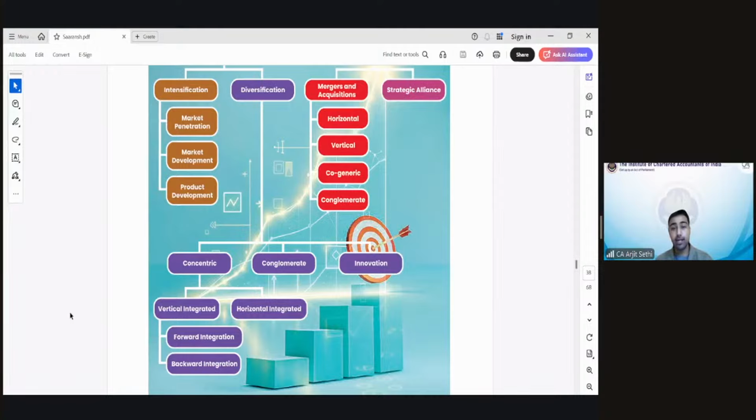She bought that consultancy. Acquisition, my friend. She acquired it. Acquisition kiya hai, mergers and acquisition. And this acquisition is a co-generic acquisition. It is co-generic. Related काम है.